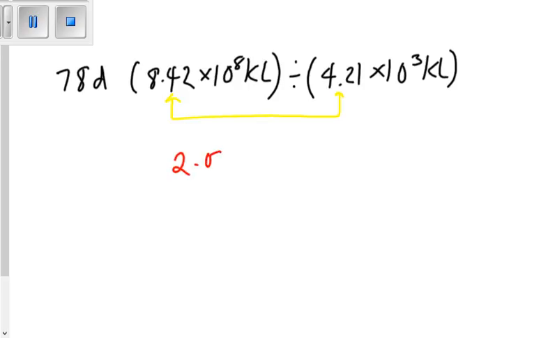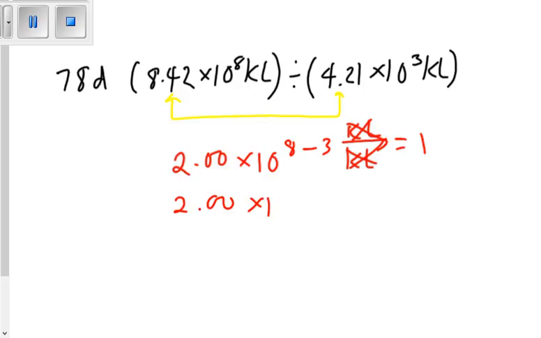Easy mental math there. Don't make it harder than you have to. And then times 10 to the 8th minus 3. There are no units on this one, because in this case the kiloliters divided by kiloliters is just 1, so you don't actually use a unit. So this is going to be 2.00 times 10 to the 5th with no units.